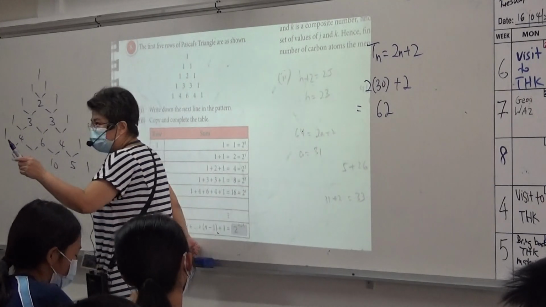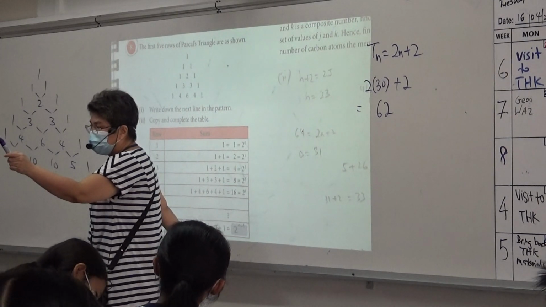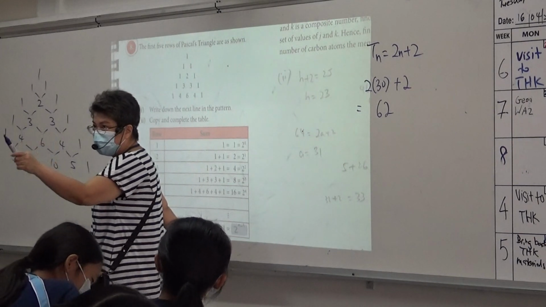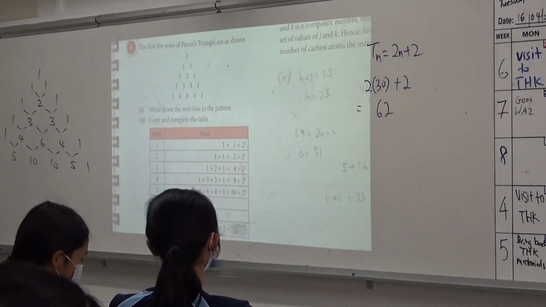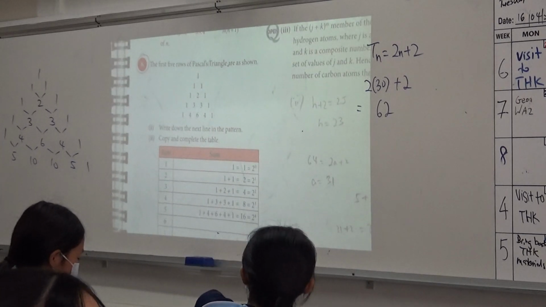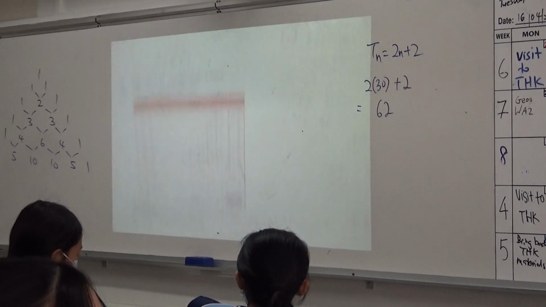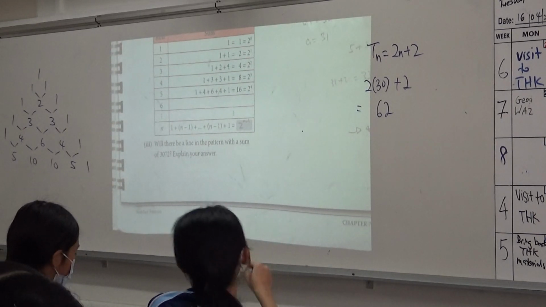The next one will talk about here. Alright. Next. Can we look at the table? Can you tell me what will be my 6th line?